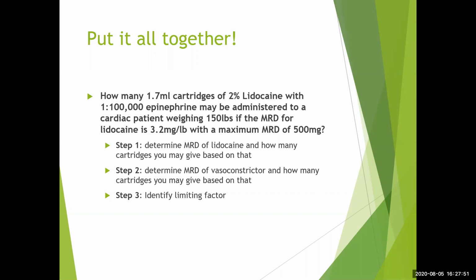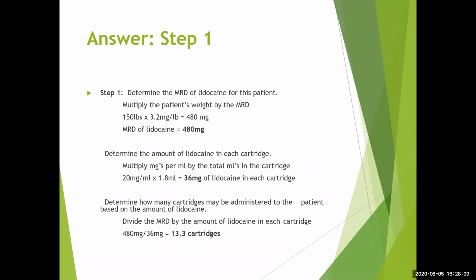Okay, so step 1, we're going to determine the MRD of the lidocaine. Step 2, we're going to determine the MRD of the vasoconstrictor. And then step 3, we're going to identify the limiting factor, and that will determine how many cartridges we can give this patient. So step 1, we determine the MRD for lidocaine for the patient. We multiply the patient's weight by the MRD.